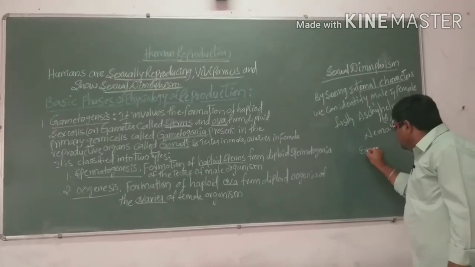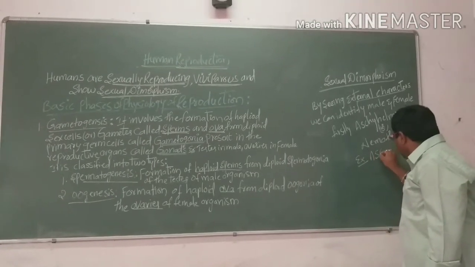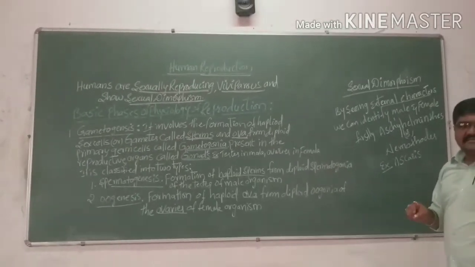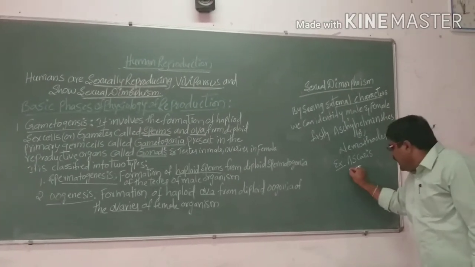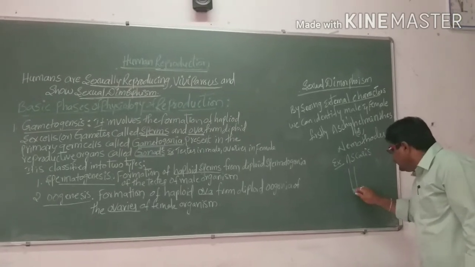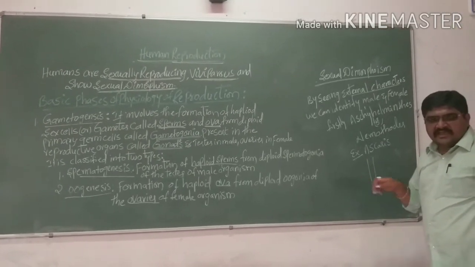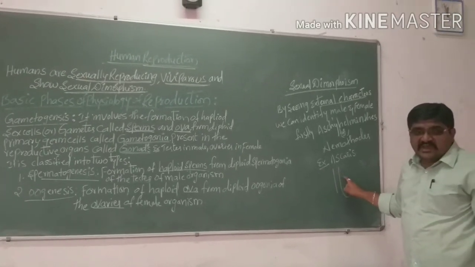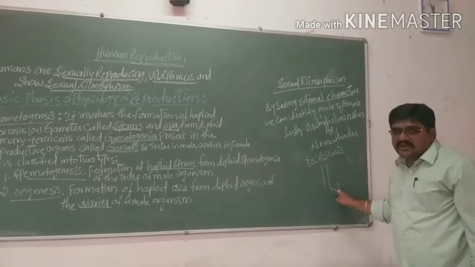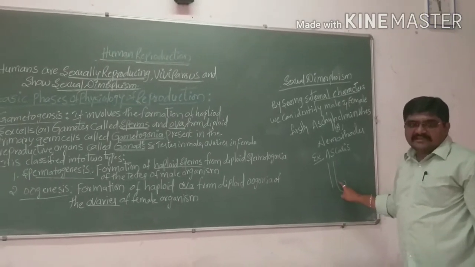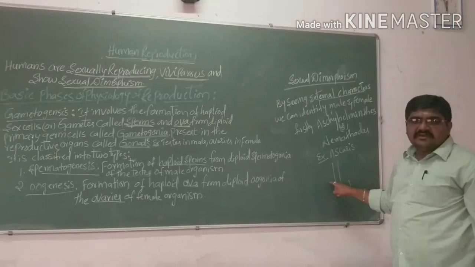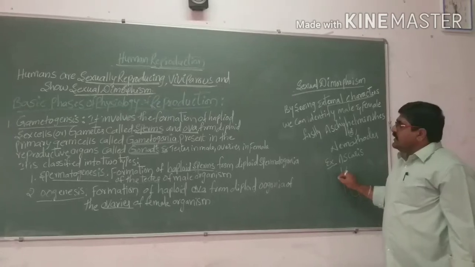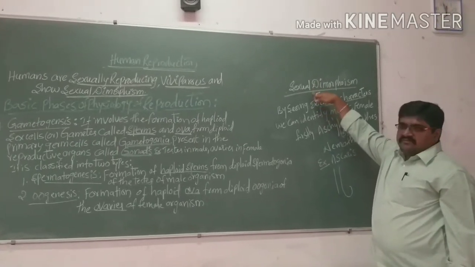For example, we can take Ascaris. Looking at male and female Ascaris, the males are very short in structure and do not show a curve, but the females are longer in structure and show a curve in nature. So with the help of these external characters, we can easily differentiate the male and female organism, so we call it sexual dimorphism.